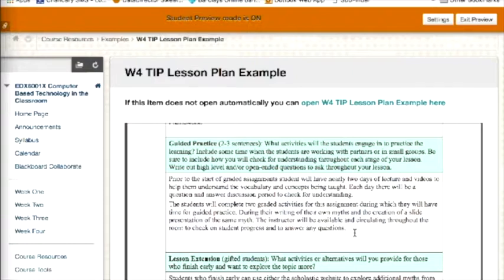With technology integration, the teacher slides into a facilitator role, where students are interacting with the technology, researching information, creating, developing, and analyzing. So it moves into more guided practice. That's a very important part of the pedagogy piece.